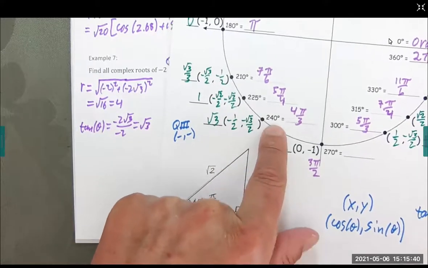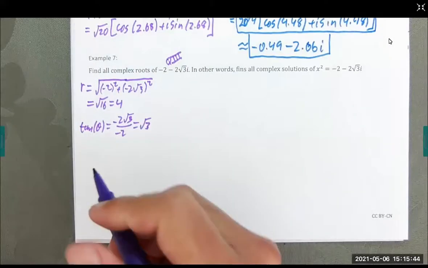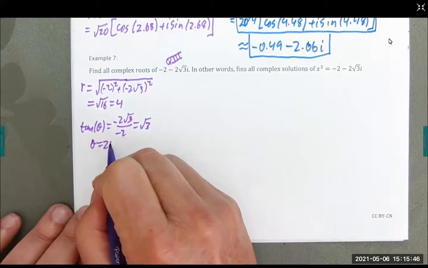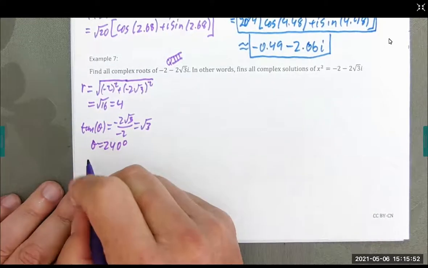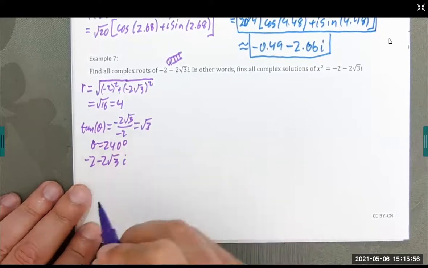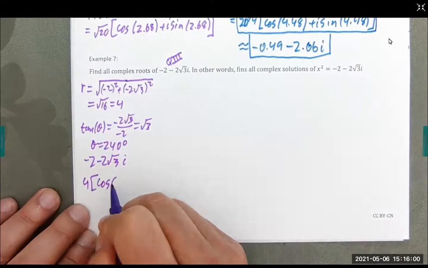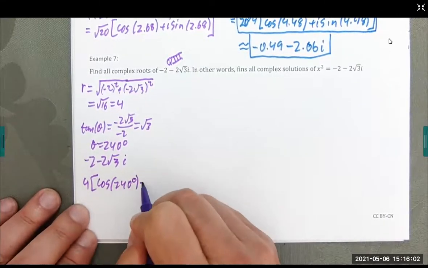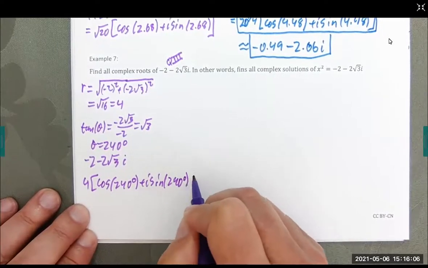That is at, and we're going to use degrees here, 240 degrees. So theta in this case is 240 degrees. Cool. So this means negative 2 minus 2 root 3 i is now 4 cosine 240 degrees plus I sine 240 degrees.